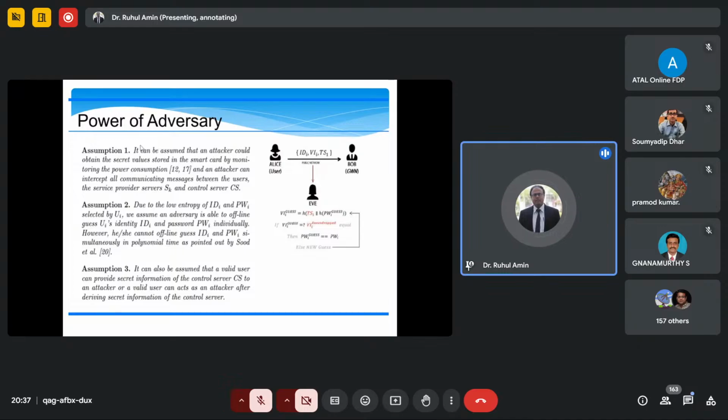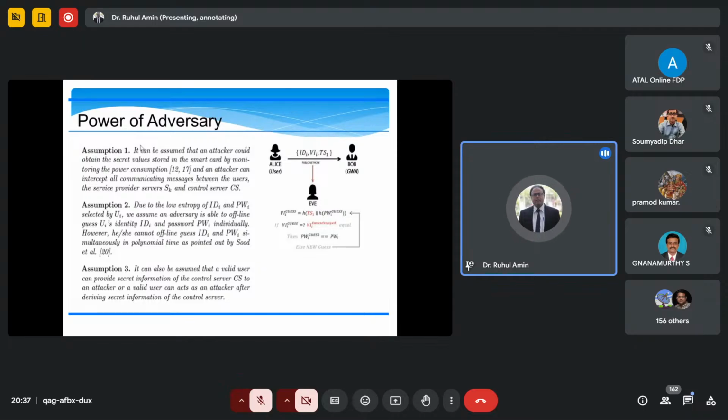For example, we are storing four parameters A, B, C, D in the smart card. If that smart card is somehow lost, the attacker can get all the information from the smart card by utilizing the power consumption technique, right?